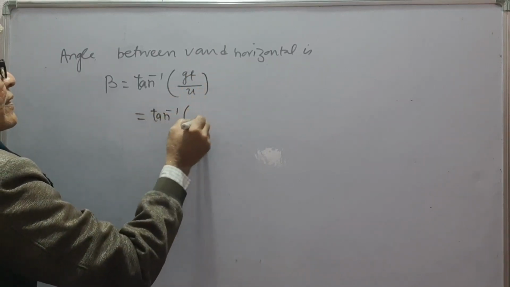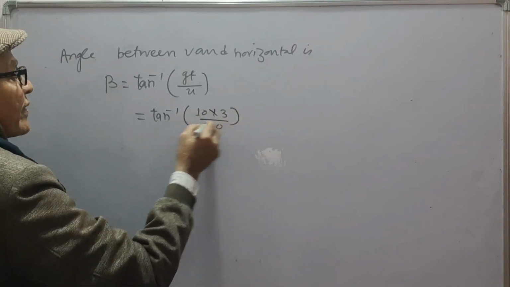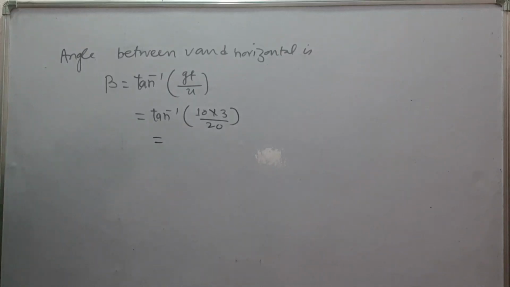Tan inverse, g is 10, t is 3, u is 20. So angle will be 56.3 degree.